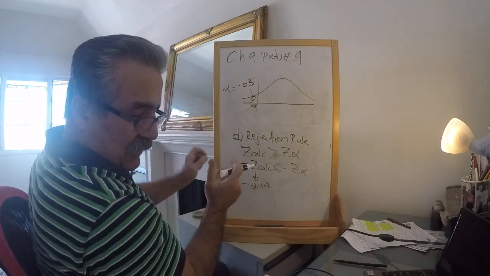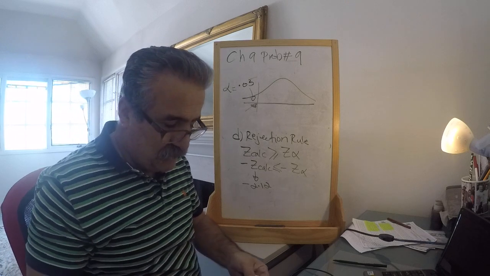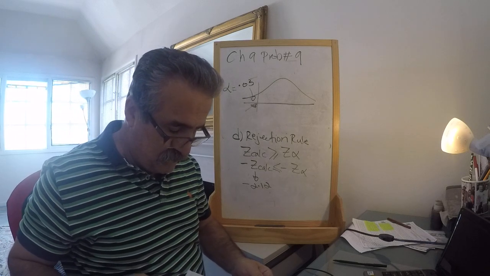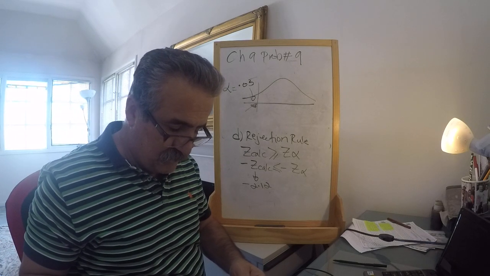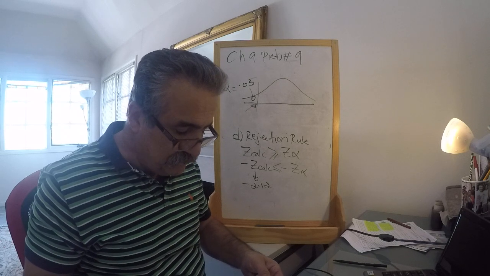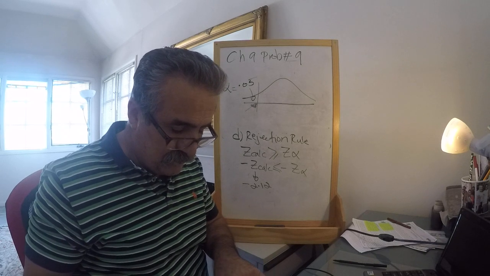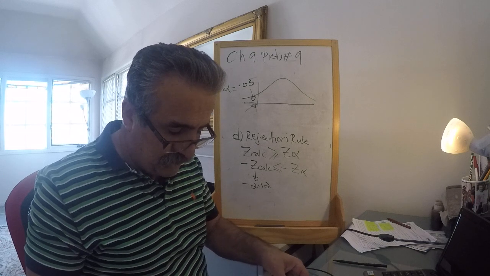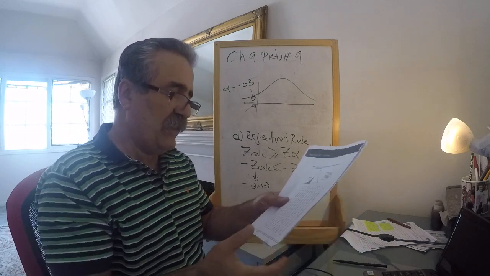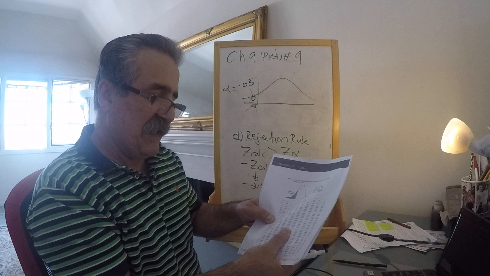If you go to the z-table, locate 0.05. Again, for 0.05, we cannot locate the exact value.